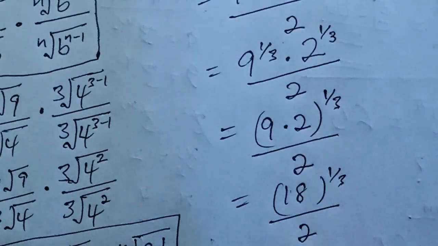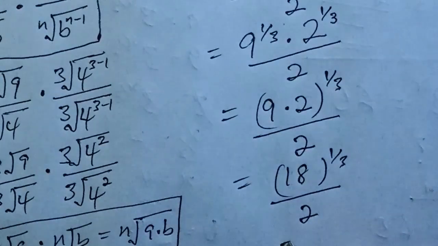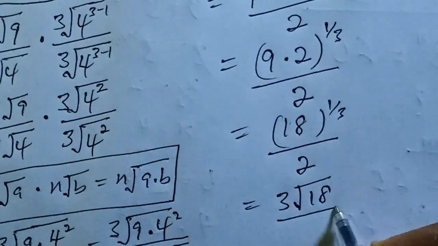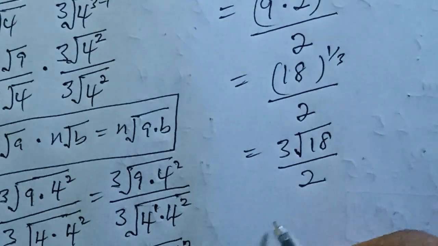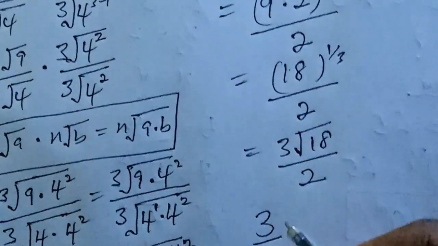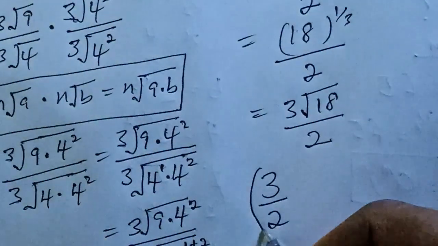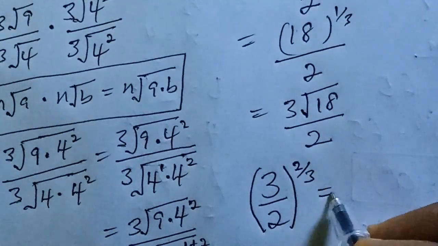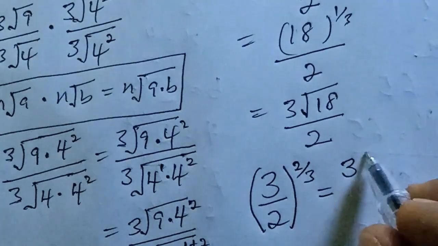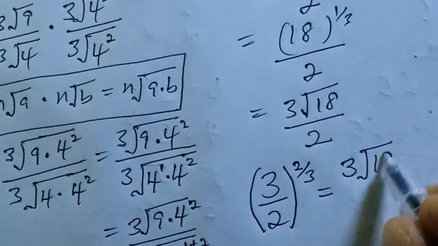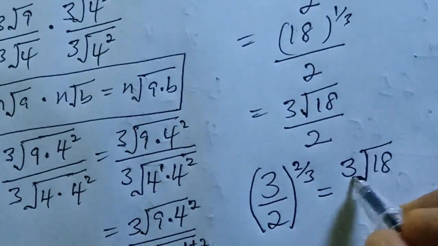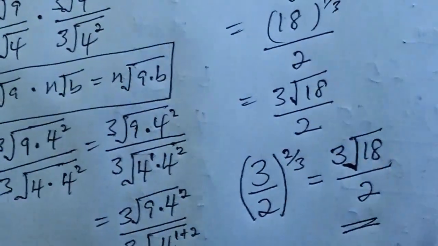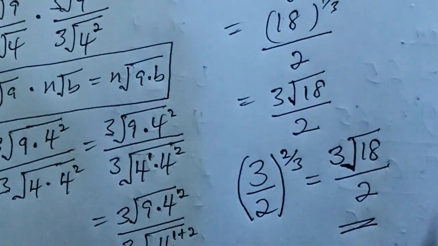And this can be written as the cube root of 18 over 2, which implies that 3 over 2 in brackets raised to power 2 over 3 can be simplified as the cube root of 18 over 2. That will be the final simplification.